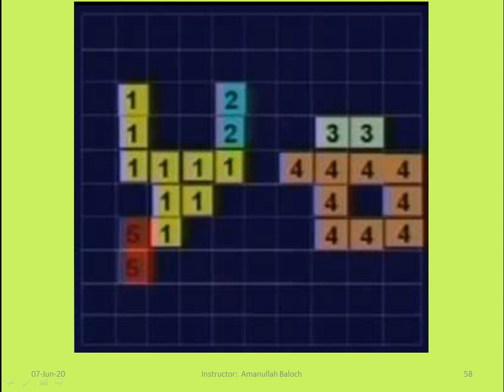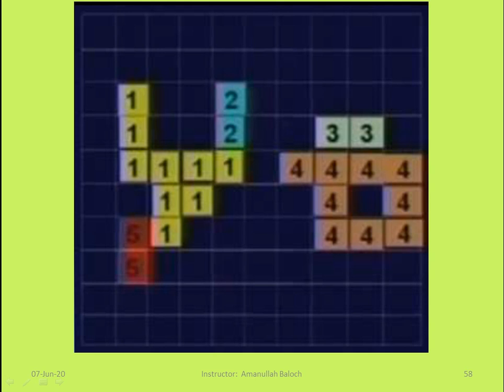Onward, the 2 rows are blank. At the end, the computer will label these 2 pixels as 1, and these 2 pixels which have label 5, the computer will convert the label value of these 2 pixels to 1. This pixel will have the label value of 3.